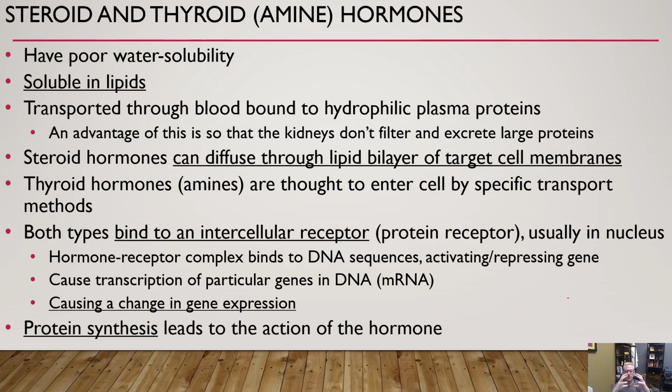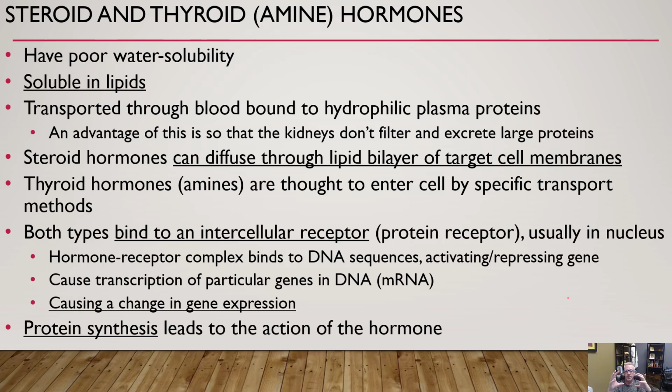And the good thing about this is that once it gets to the kidney, they're not going to filter out large proteins. So this protein won't get filtered out, and it will still continue in the bloodstream and hopefully get to wherever it needs to get to.